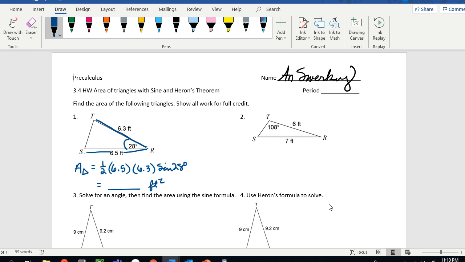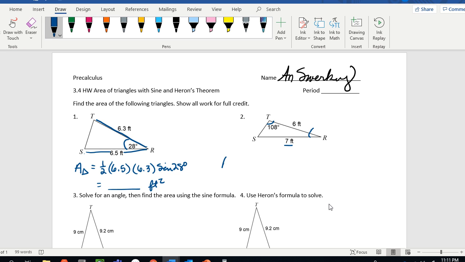On this one, I don't have two sides and the included angle. So what I have to do is find another side. Now, I have 7 and 108, which are across from each other. You see this angle, this side are across from each other. So I can use law of sines. Now I can't shortcut this one. So I'm going to say I want to find angle R, and then I can use this formula.